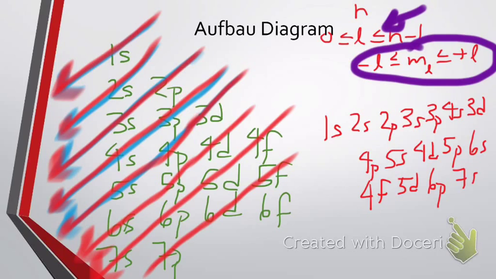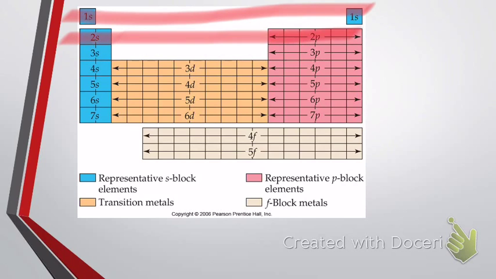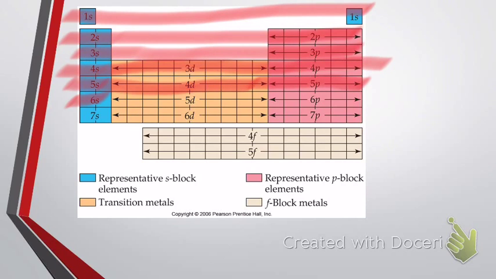So if we look back at the periodic table, we can actually see that happening. We have 1s, 2s, 2p, 3s, 3p, 4s, 3d, 4p, 5s, 4d, 5p, 6s, then it skips down here to 4f, 5d, 6p, 7s, 5f, 6d, 7p.